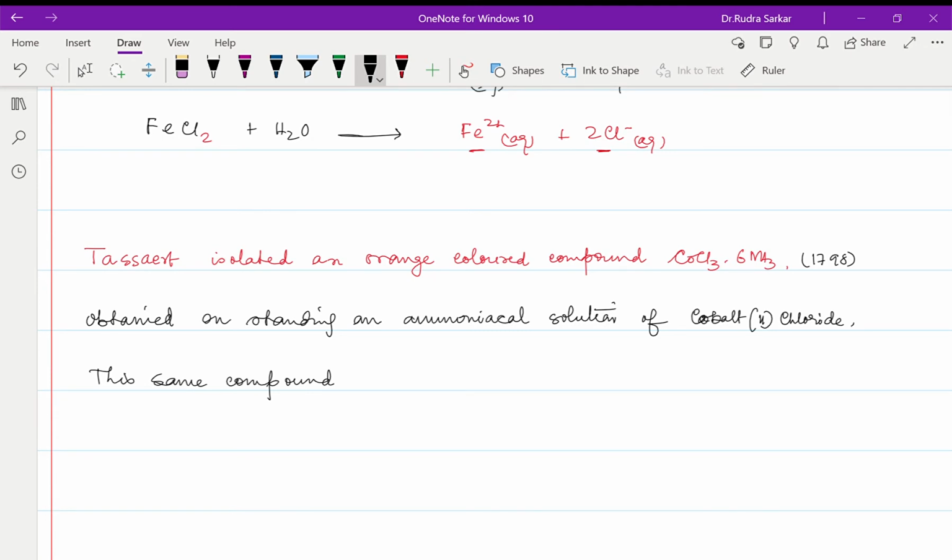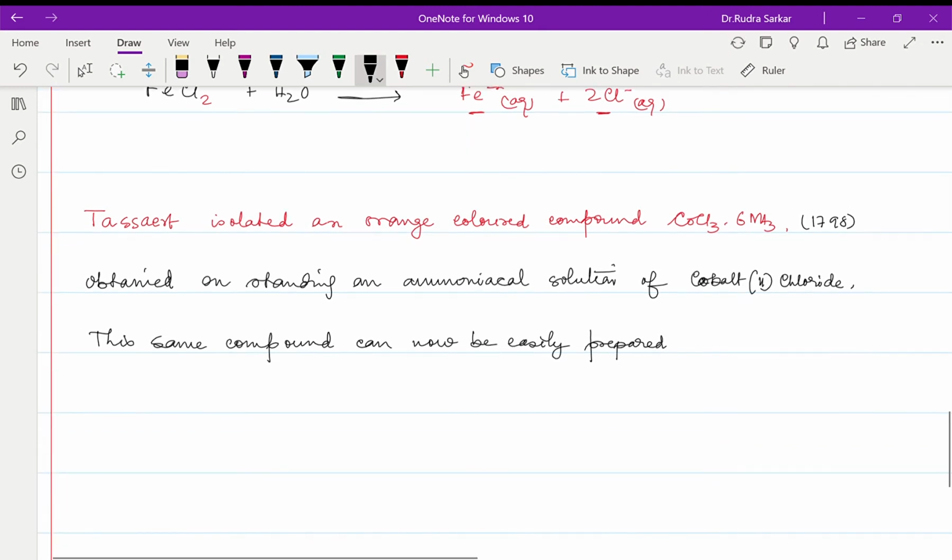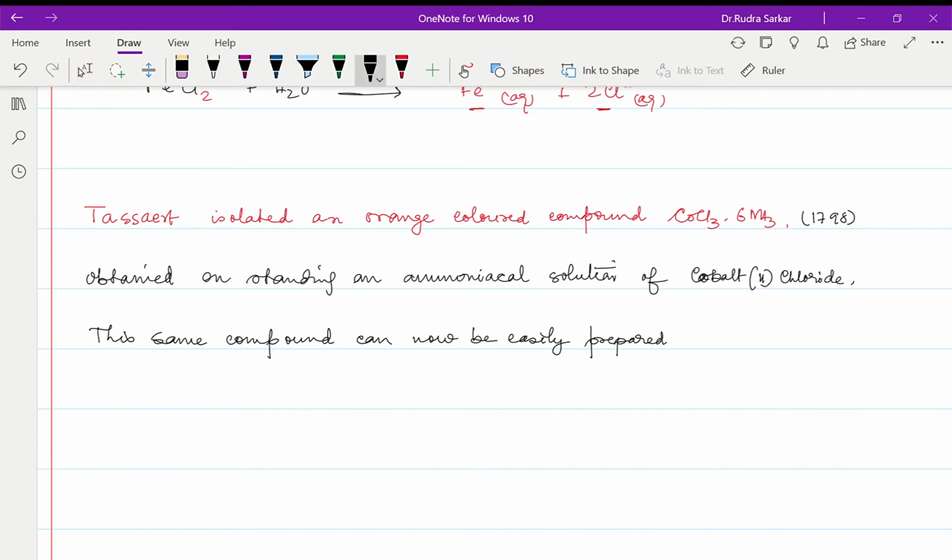The same compound can now be easily prepared in high yield. High yield means, say, before it was prepared only 20%, now it can be prepared at around 70-80%. That is what we mean by saying high yield.